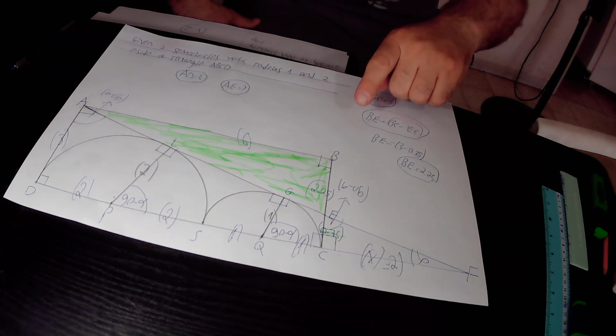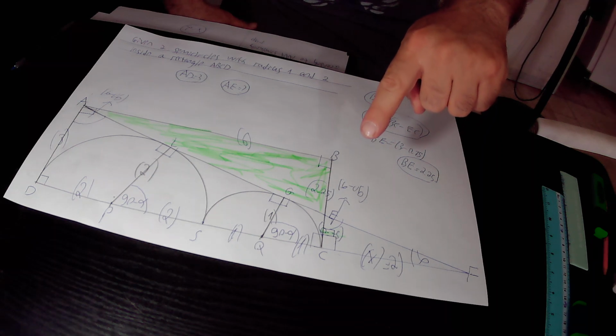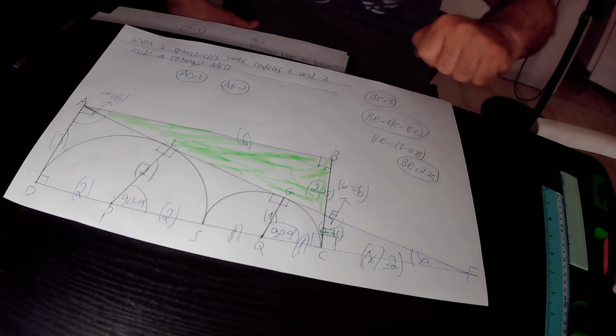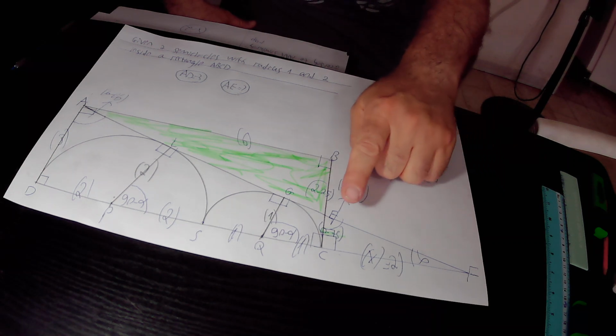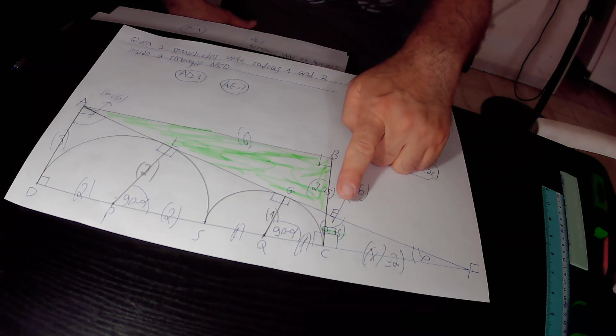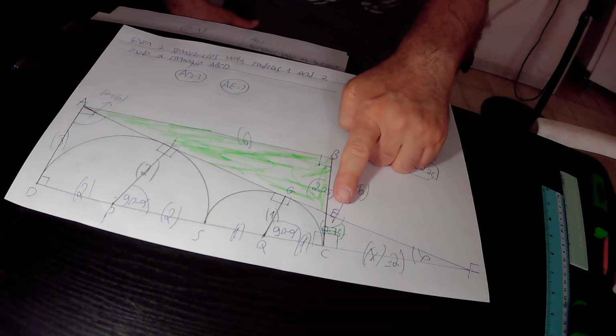So inside the small right triangle ECF, we define this angle EFC as alpha. In the small right triangle ECF, this angle equals alpha, this angle equals 90 degrees. Therefore, this third missing angle must be equal to 90 degrees minus alpha. Why?